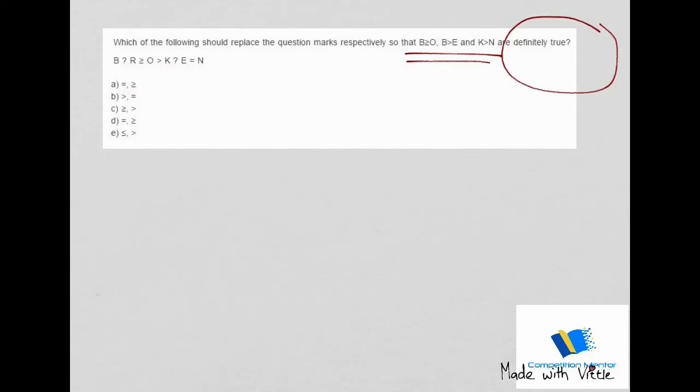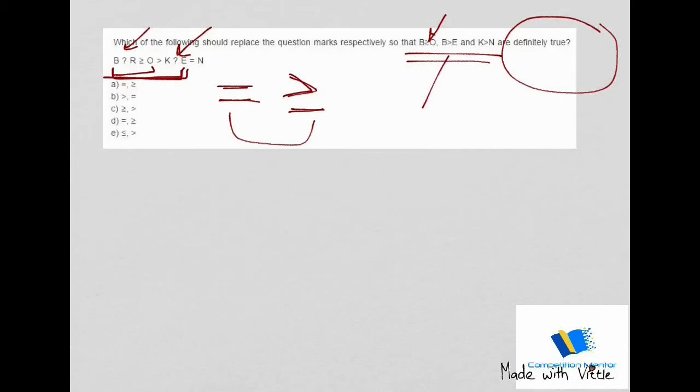B is greater than equal to O, and here, it means that either we can use equal to or greater than equal to, both will result in B greater than equal to O, and then B is greater than E. So already here we have satisfied that these two should be there, but again in E, here also a question mark, you can put any sign, because there is already this greater sign to take care of.